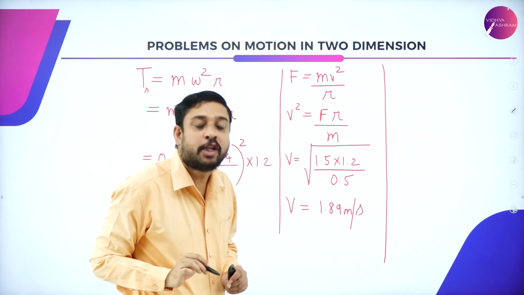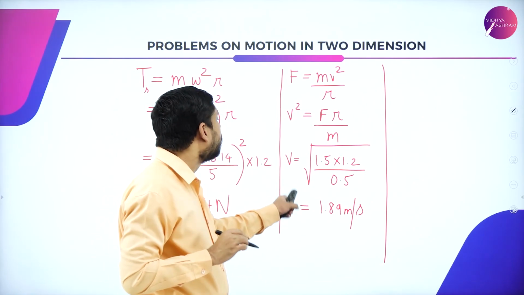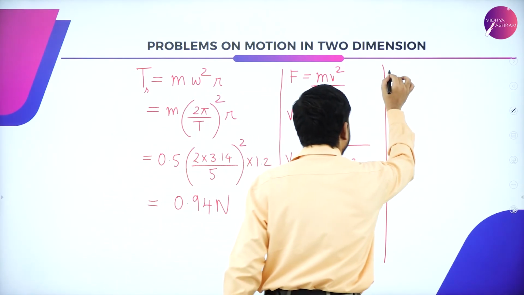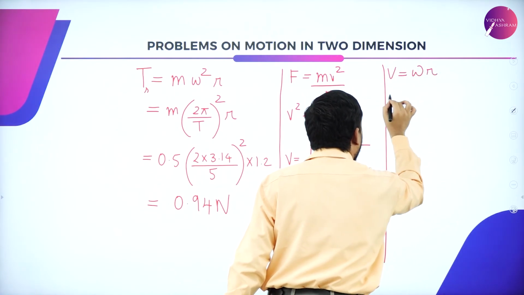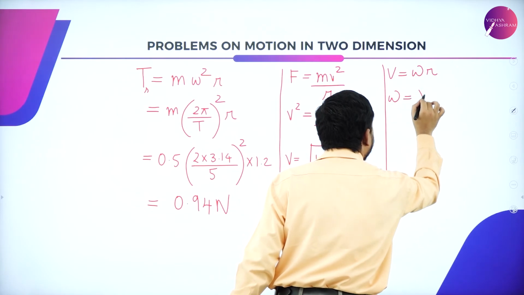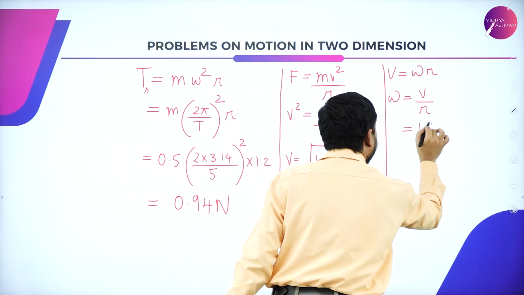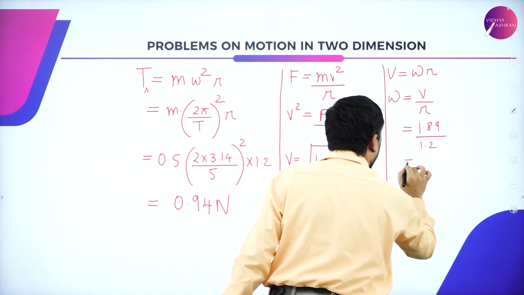Now I have to calculate the time period corresponding to this velocity. We know v is omega into r, or omega is v by r. 1.89 by 1.2.